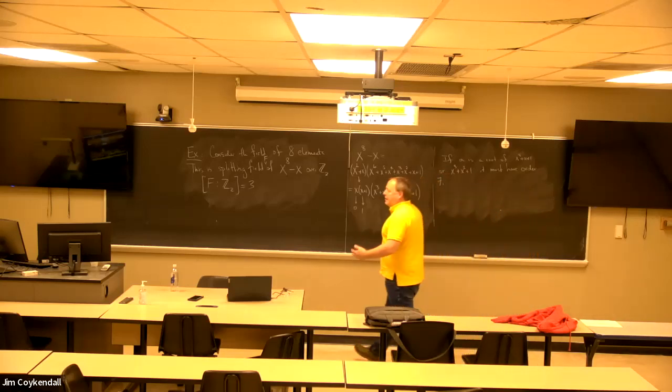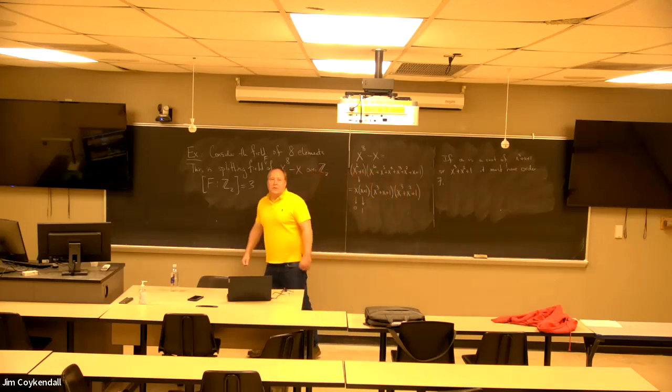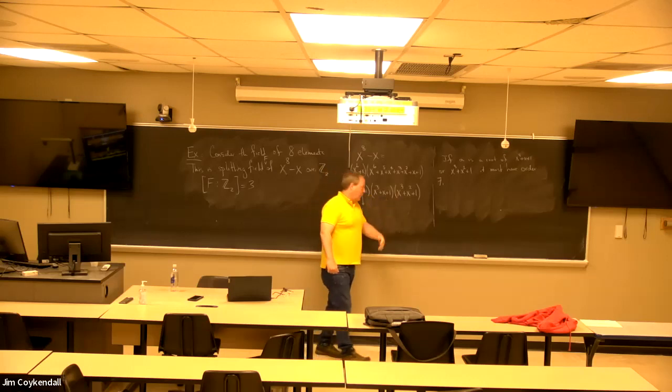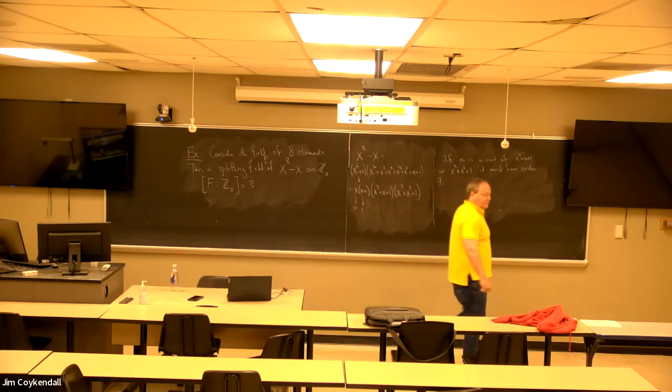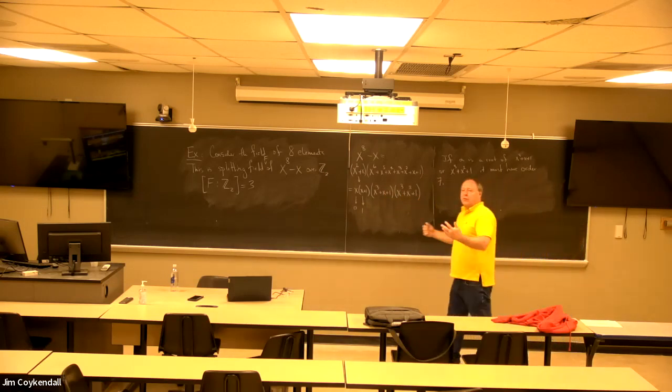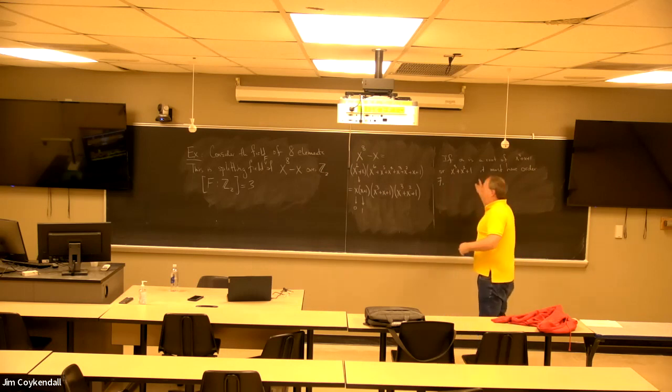Because 7 is prime, in the cyclic group of order 7, if you forget about the identity, every non-identity element must generate, it must have order 7, right? In a cyclic group of order 7, you've got 6 elements of order 7 and the identity. So all these are order 7.